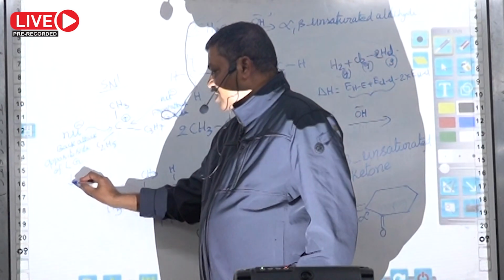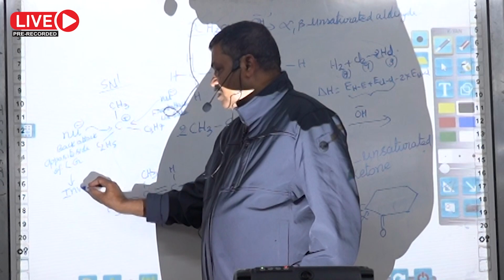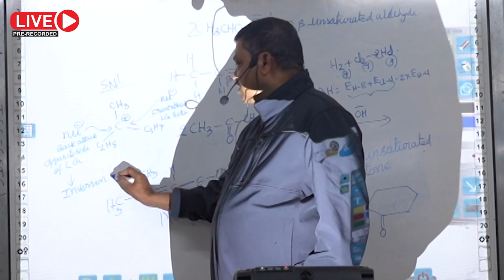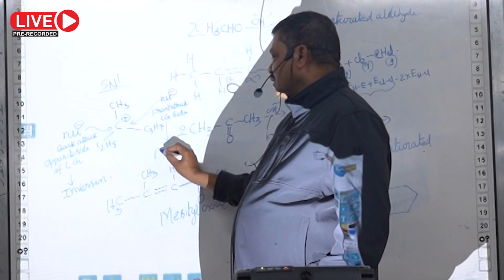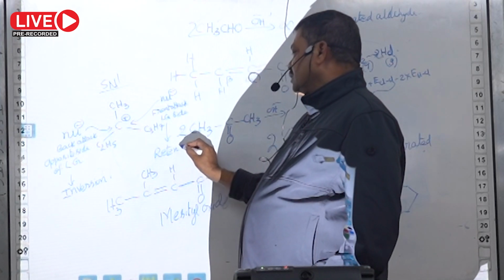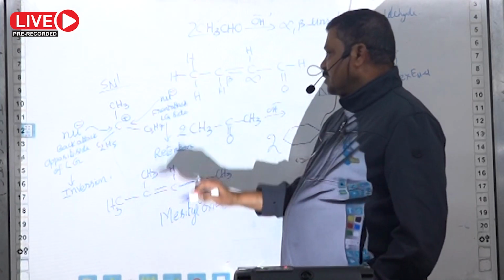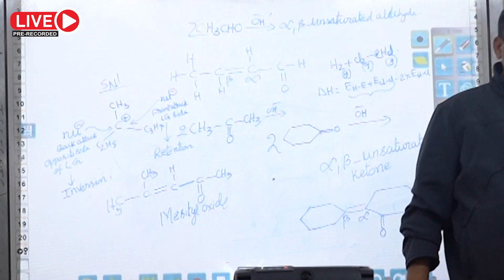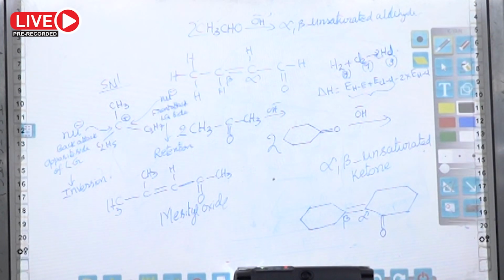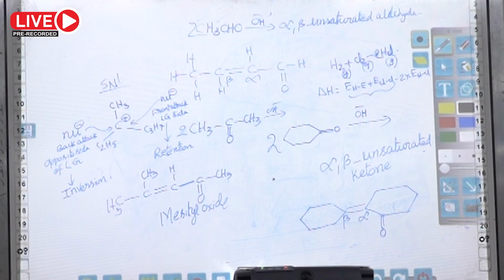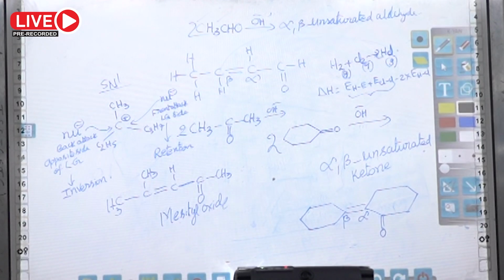So this causes inversion. This causes retention. So in SN1, both inversion and retention occur. We call it racemization.